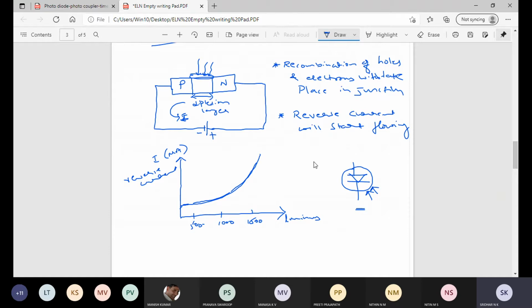Any doubt in this photodiode? Shall we move on to the next topic? Yes. Shall we move on to LED, because the second part of special diode is LED? Okay.